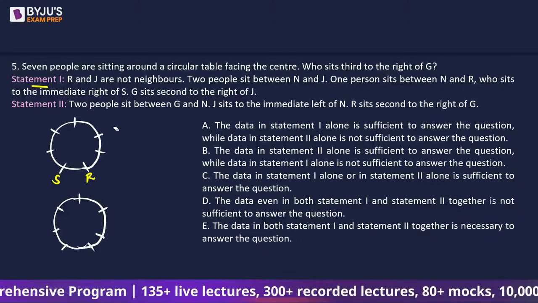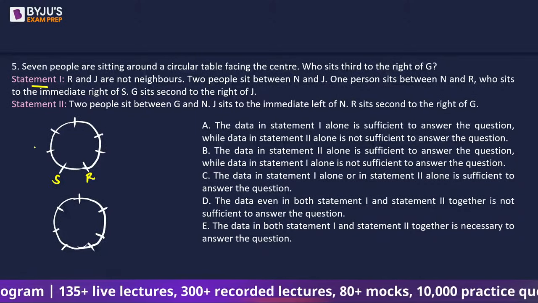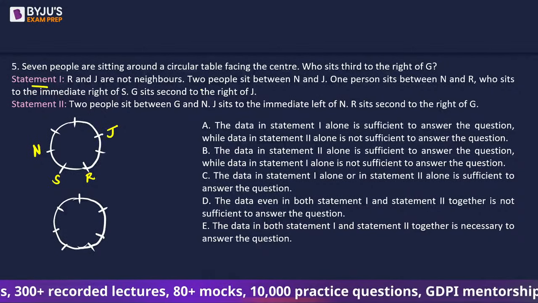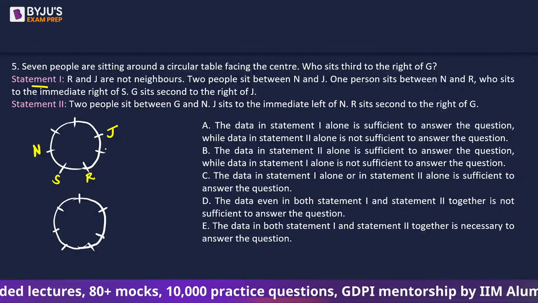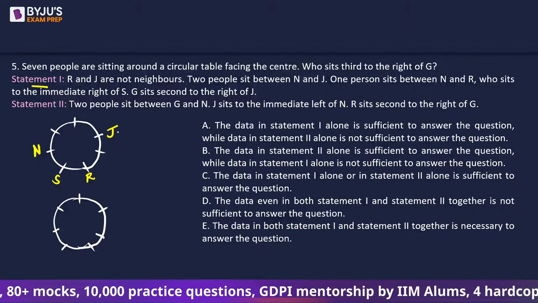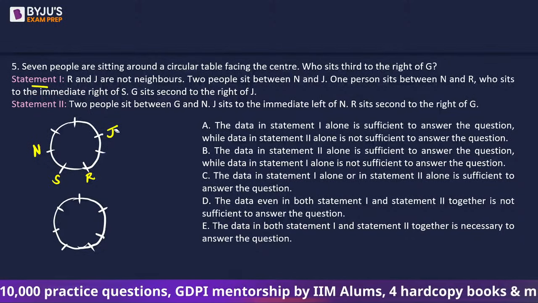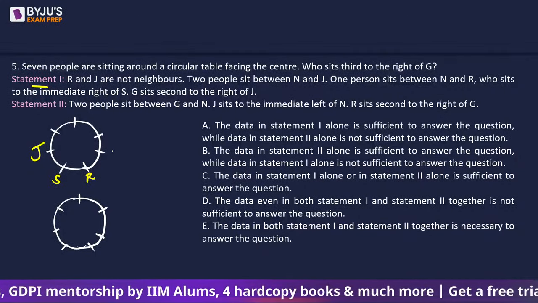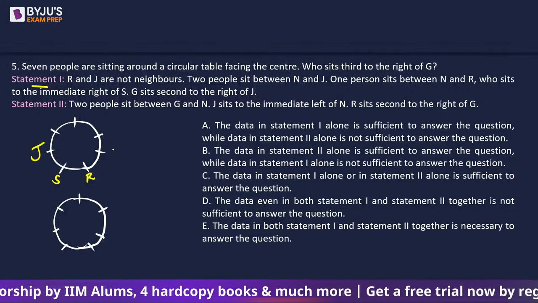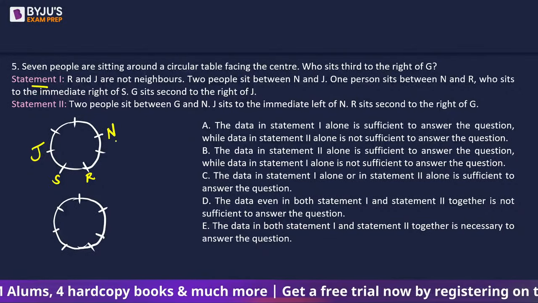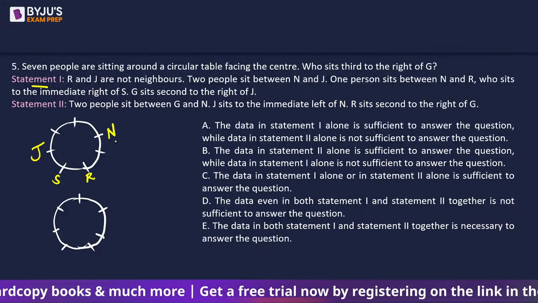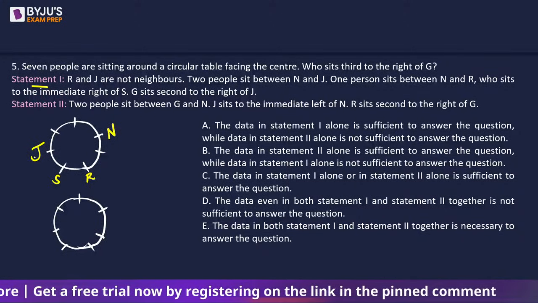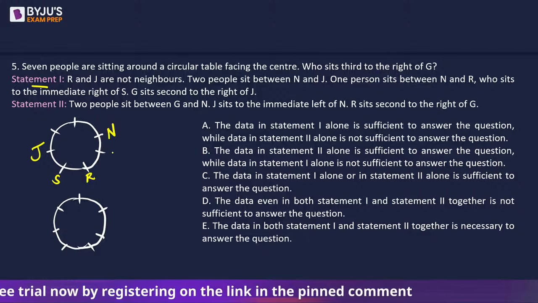That would mean N and R have 1 person between them, and N and J are opposite, because 2 people sit between N and J. This is the only way we can go about this. But this could also have been the previous case. This is J and this is N. 2 people sit between N and J. G sits second to the right of J. This is not possible.